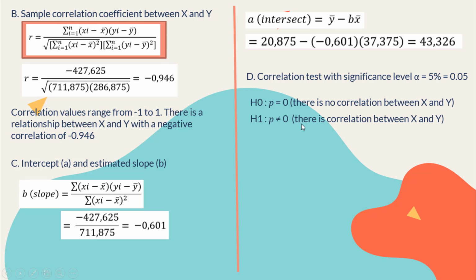It means there is a correlation between X and Y. Then we use the t-test as the test statistic. So we can find the critical area using the t distribution, with degrees of freedom v equal to n minus 2. Here n is 8, so 8 minus 2 equals 6. And alpha is 5%.